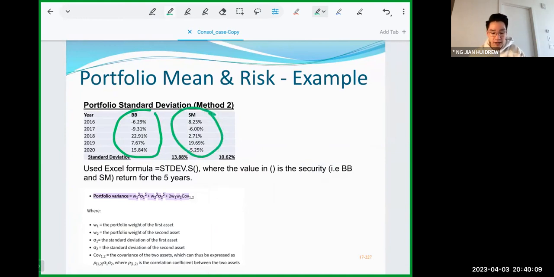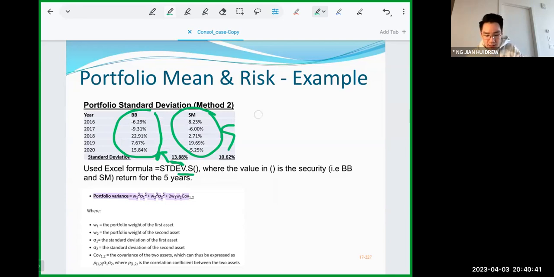So what do we do now? For method 2, we simply take the standard deviation of BB and the standard deviation of SM, using the standard deviation dot S formula. Now, this is the standard deviation of BB and of SM, but it is not the portfolio standard deviation. Remember, because we still haven't considered the weight.